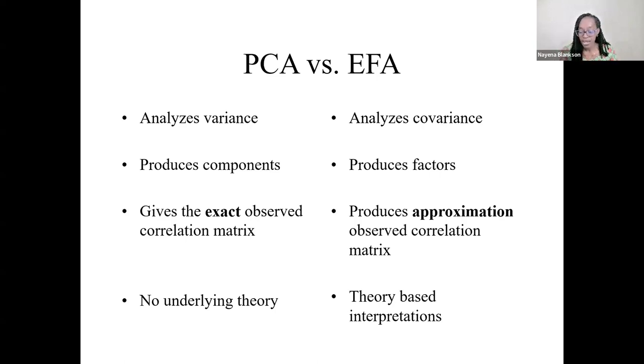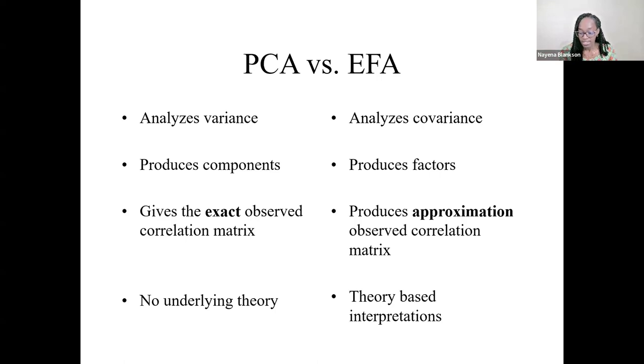Whereas with factor analysis, the factor is also a linear combination, but it accounts for that common variance across the variables. Principal components analysis starts off with the observed correlation matrix that has the ones in the diagonal and tries to give you back that exact observed correlation matrix.